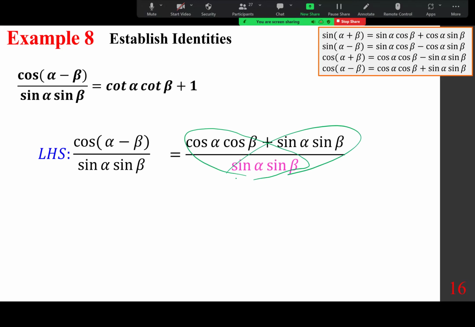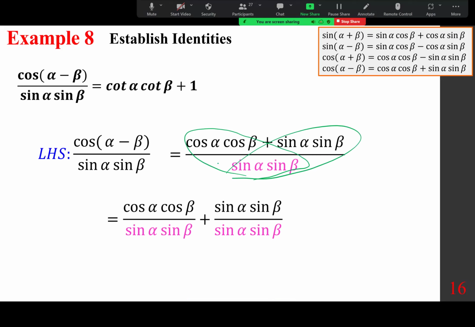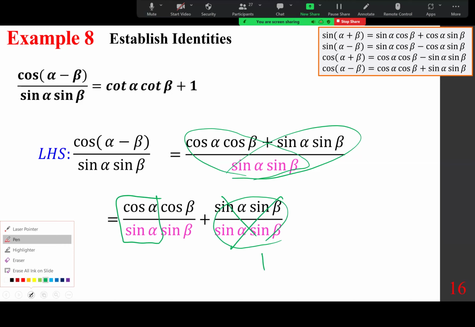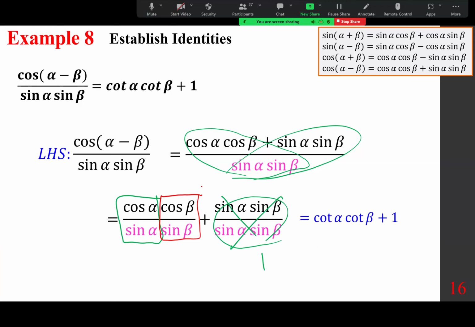This one and this one. Now notice this, they are identical. So replace it with 1. The top and the bottom are identical. 1. This one, cosine alpha over sine alpha is cotangent alpha. This one, cosine beta over sine beta is cotangent beta. And that's the proof, and you're done.